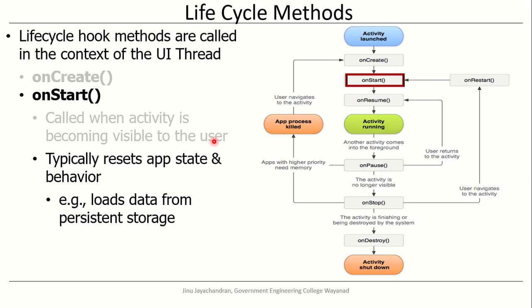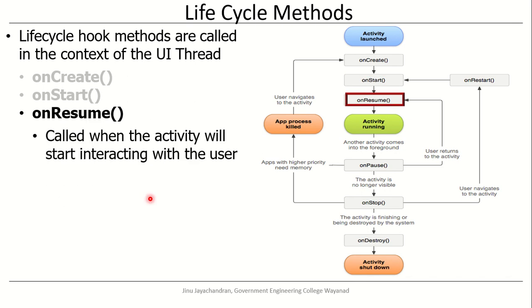It comes into the foreground and you can see the application. This typically resets app state and behavior and loads data from persistent storage. So when the application is started and needs some data to continue, it can load the data from the storage.